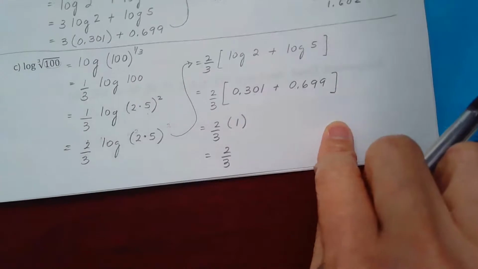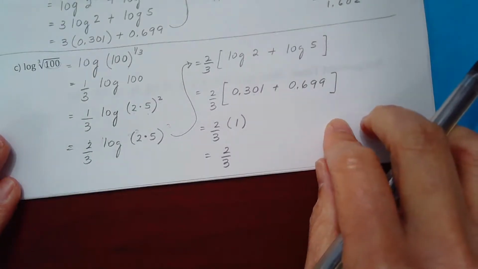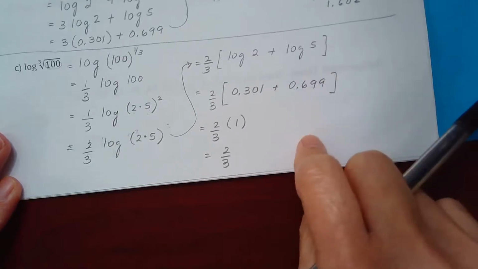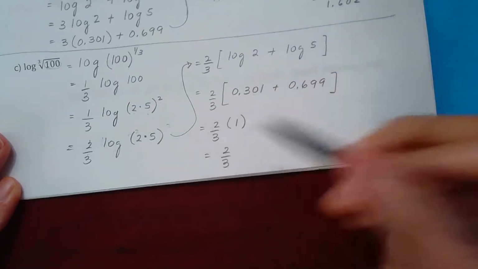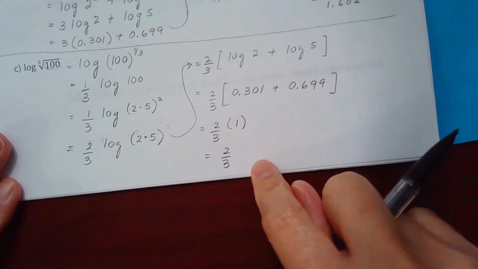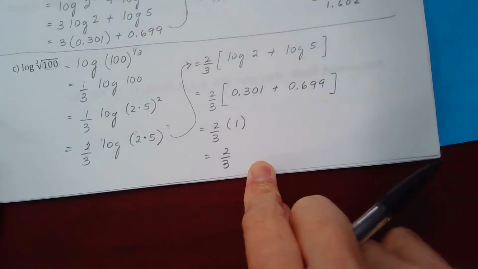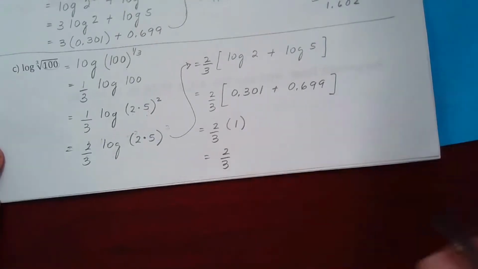So there's an alternative way of doing this. There are at least 2 or 3 possible ways of doing the same thing, and you're going to get 2/3. So here's just one of them. There are quite a few, so if you want, you can try them, and you'll see there's another way of doing this. Okay, so that's the answer for that.